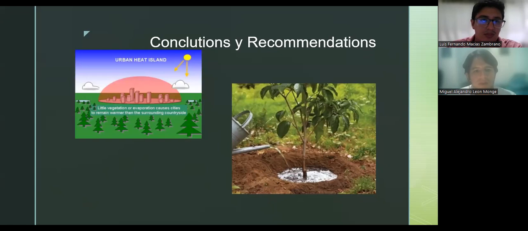And well, as recommendations, we have, for example, to use nickel metal hydride because it allows us to get more energy density, and it has a better power efficiency than the lithium batteries.